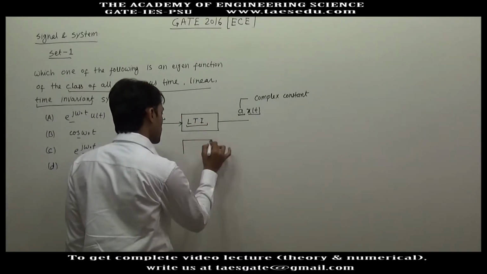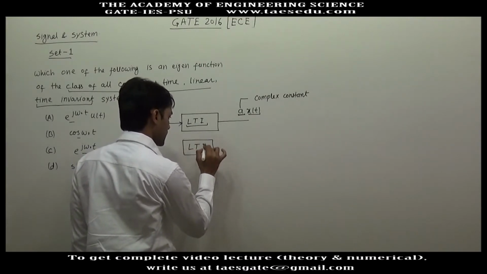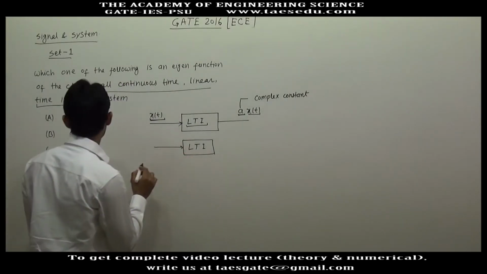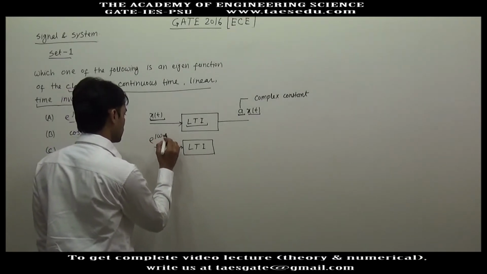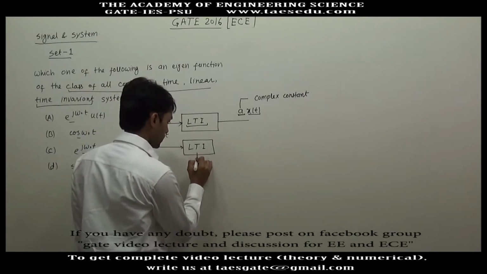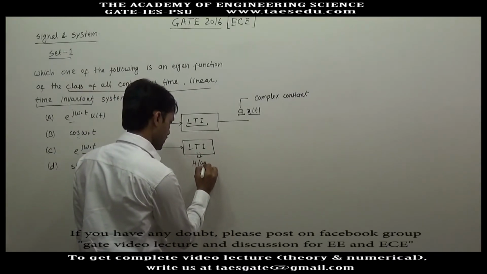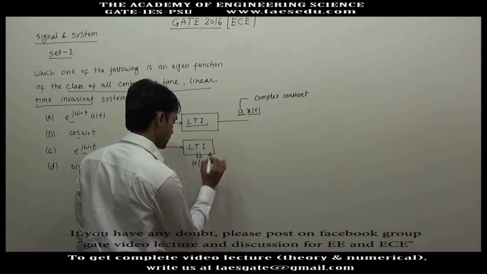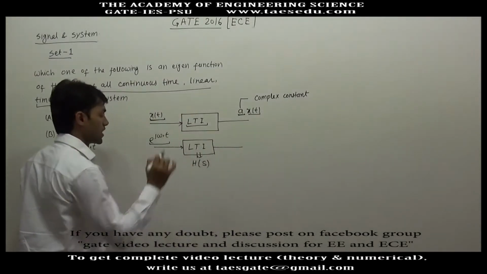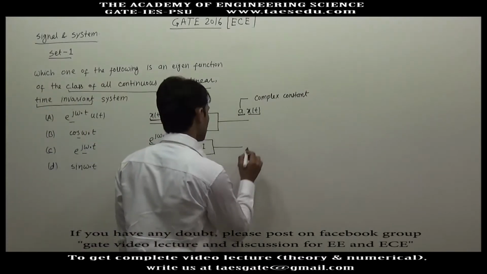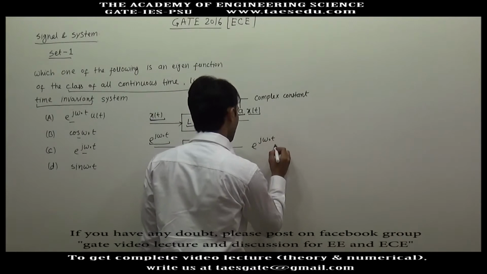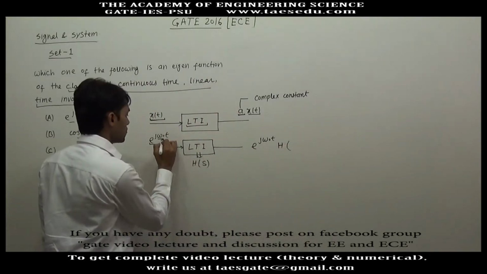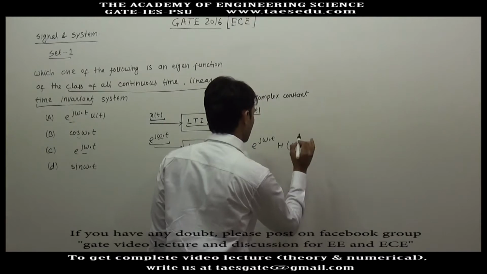For an LTI system, we have already studied in system response that if you give e to the power j omega naught t to this system, and let's say its transfer function is H(s), the Laplace transform of the impulse response, the output will be e to the power j omega naught t times the value of the transfer function at frequency omega naught, that is H(j omega naught).